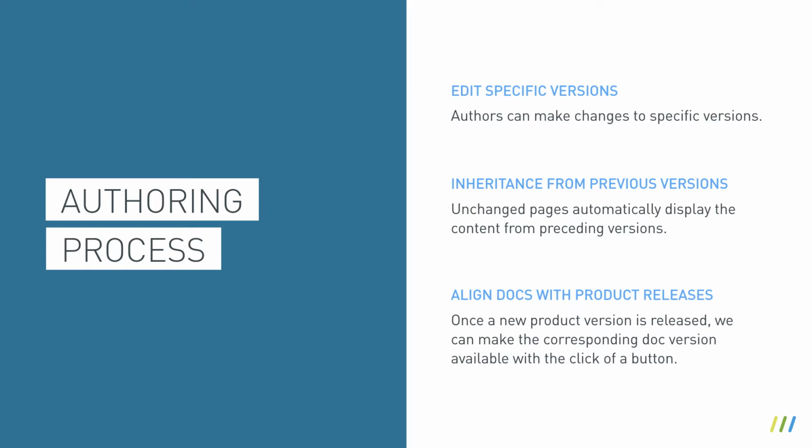As said before, those versions are based on each other and inherit information, because most of the time you have hundreds of pages in your docs, but for a new version only a dozen or 15 or 20 change. You only need to change those pages, because as long as you don't change a page in a version, it will still display the content of the previous one. There's no need to copy and paste anything; Scroll Versions handles that for you.